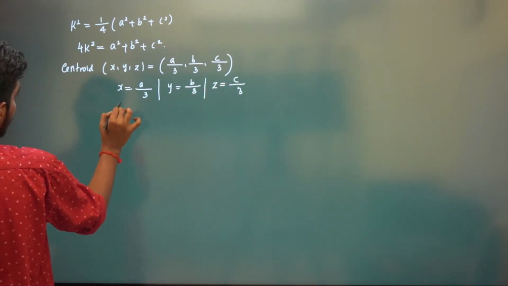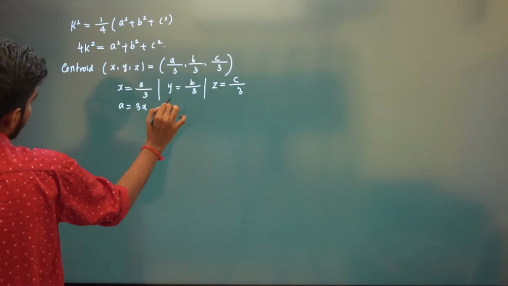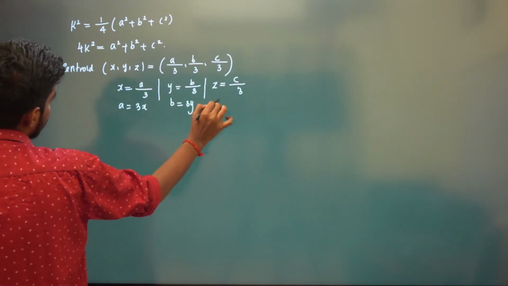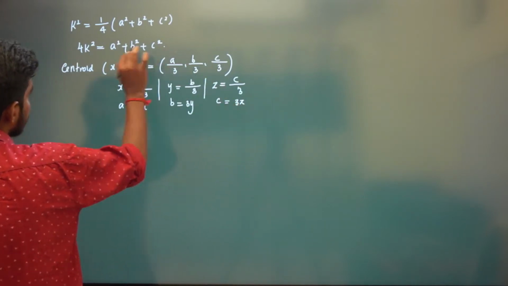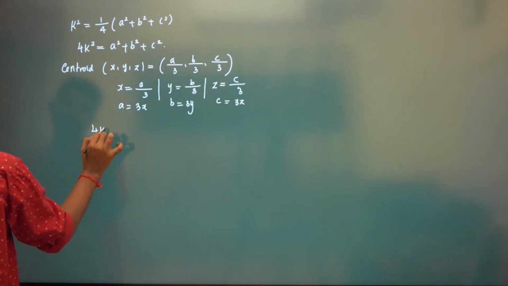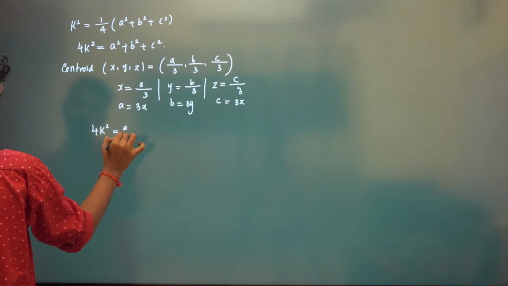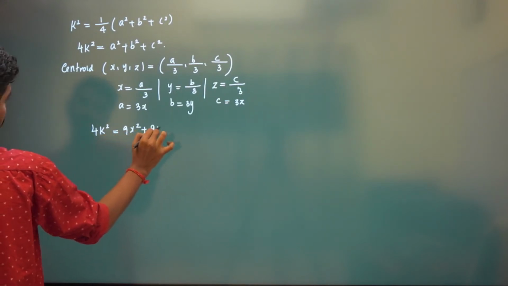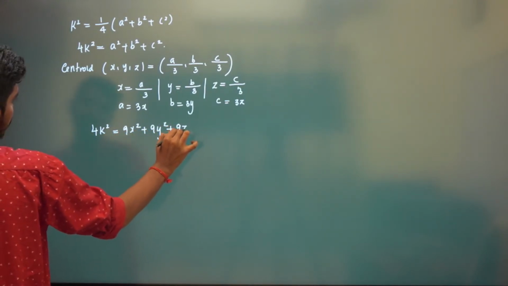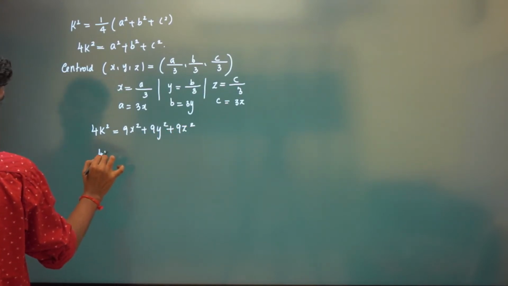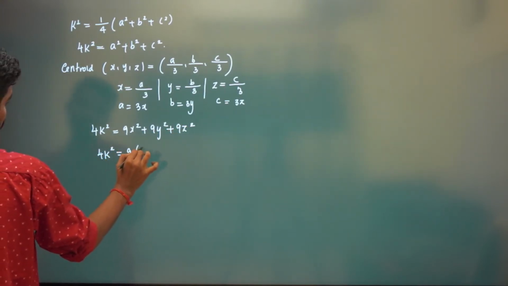So we have a to be 3x, b to be 3y, c to be 3z. Substitute back here. So we will have 4k square is equal to a square plus b square plus c square. So we will have 4k square is equal to 9 times.